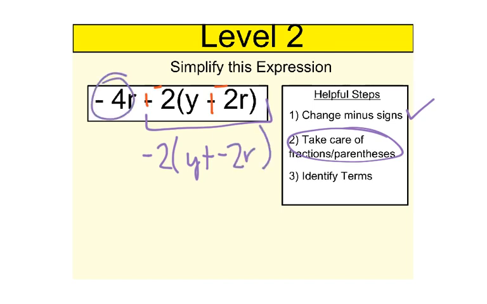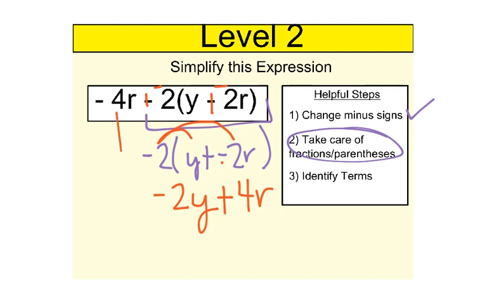I did not include this yet because it is not part of the parentheses. So I'm just going to do this part of the problem. We're going to do the distributive property. Negative 2 times y is negative 2y. Negative 2 times a negative 2r is going to be a positive 4r. Now I'm going to bring down my negative 4r.